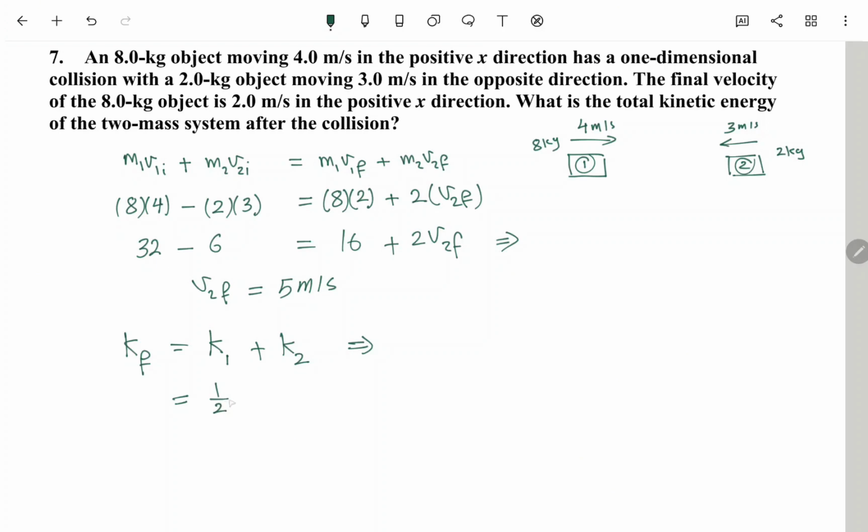So half times 8 times the final velocity for the 8 kilogram object, 2 squared, plus half times 2 times 5 squared, which we just calculated. You simplify this, and the total kinetic energy of the two masses after the collision is equal to 16 plus 25, or 41 joules.